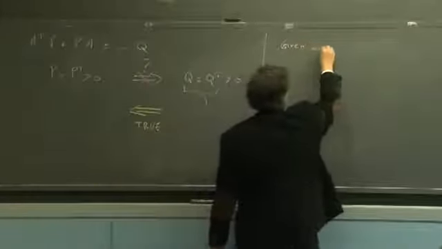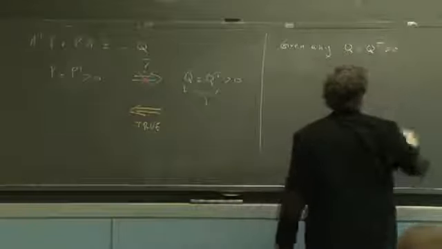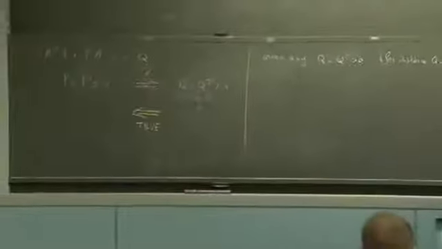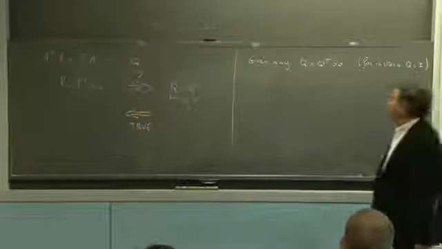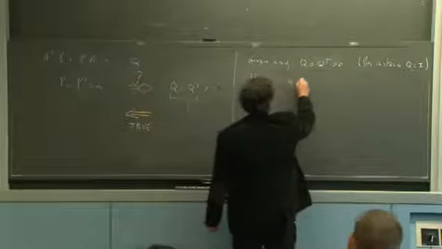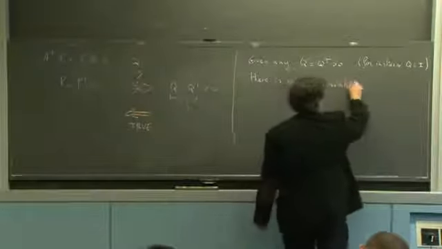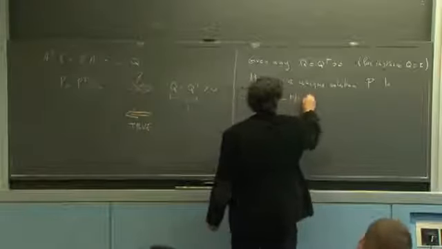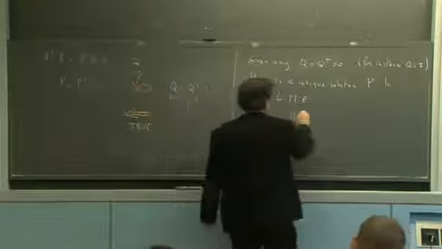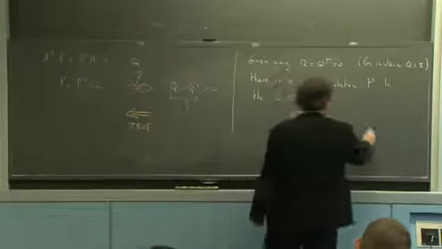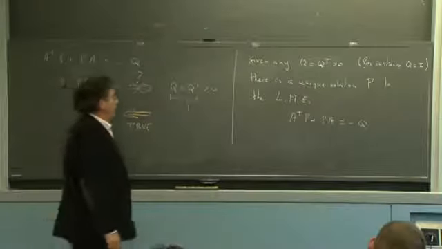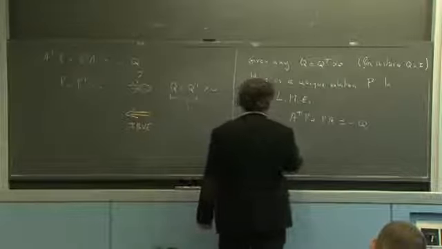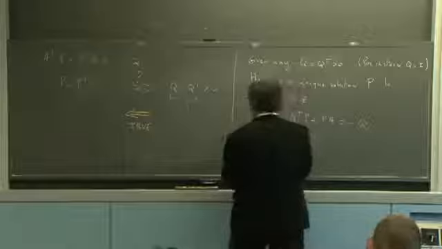Given any constant Q equal to Q transpose, positive definite, for instance Q equal identity, which is the simplest choice, there is a unique solution P to the Lyapunov matrix equation, let me call it LME, A transpose P plus PA equals minus Q, if the system x dot equals Ax is strictly stable.